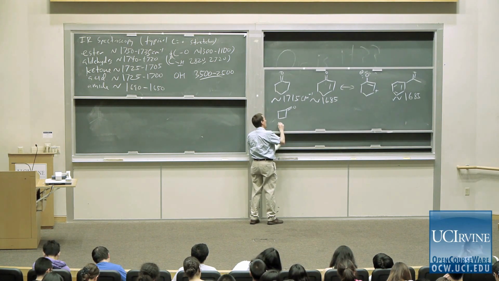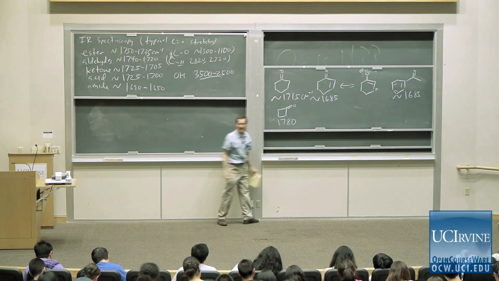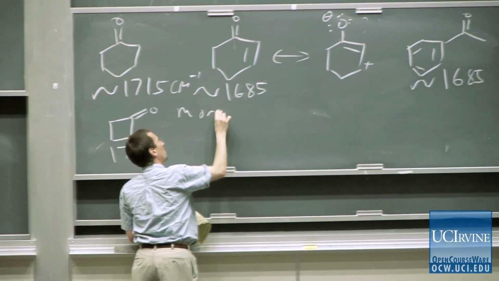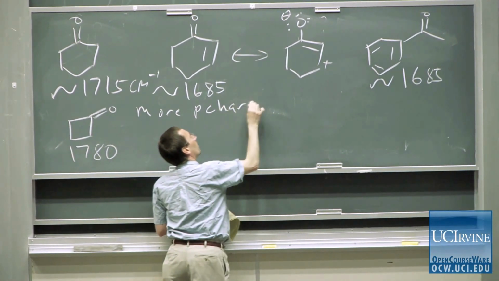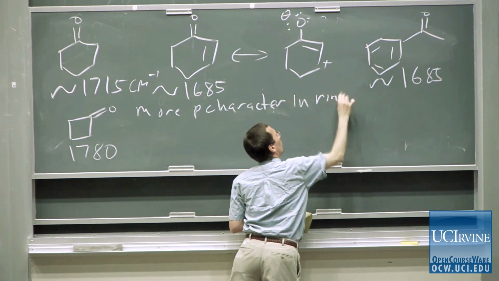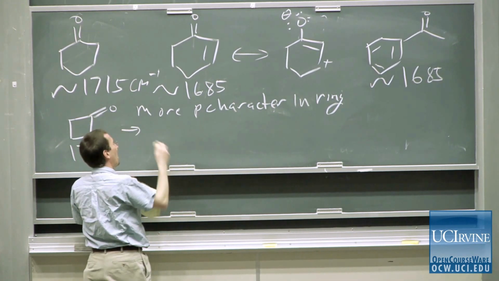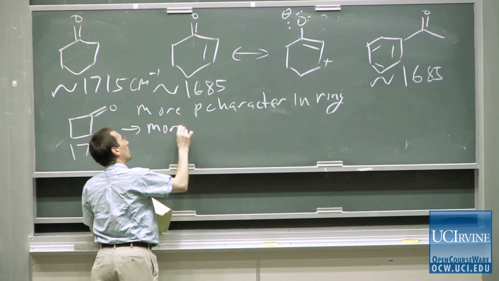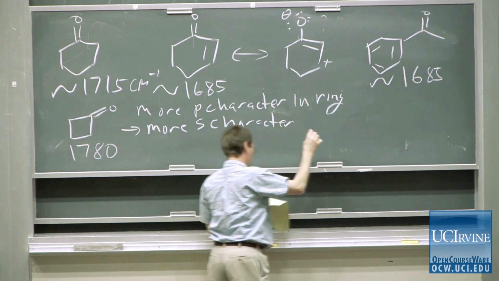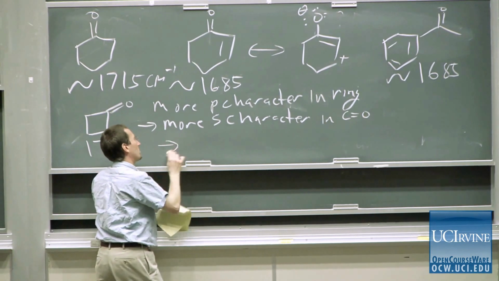So cyclobutanone ends up having a stretching frequency of 1780 wave numbers. I'll just jot this down: more p character in the ring leads to more s character in the CO bond, and that leads to a stronger CO bond.